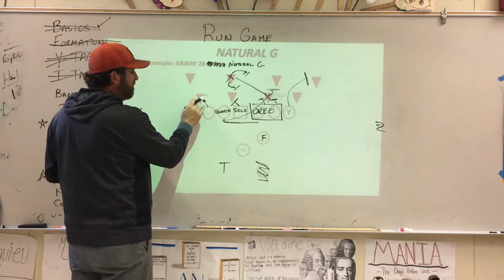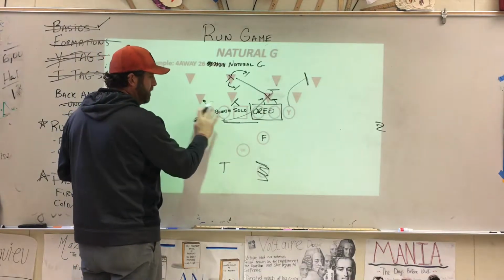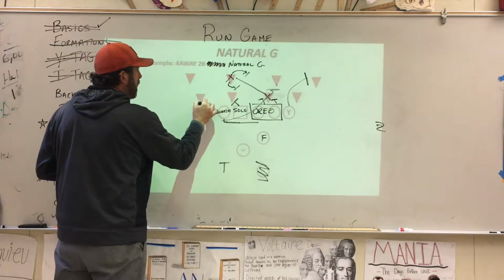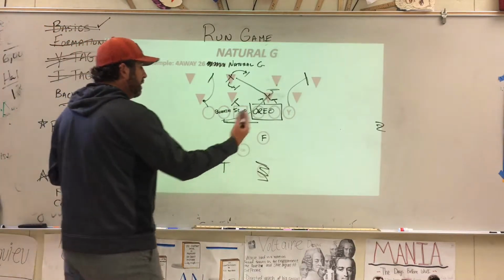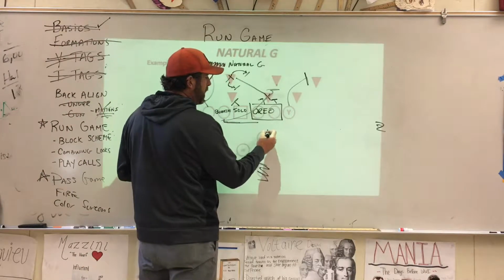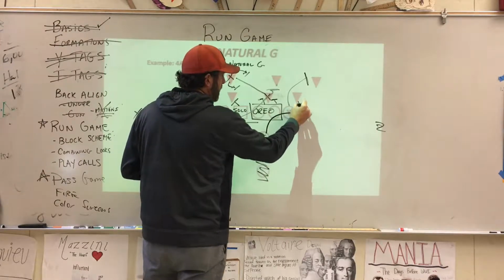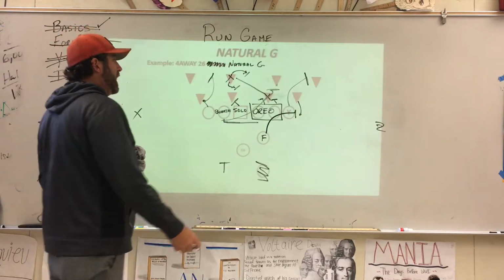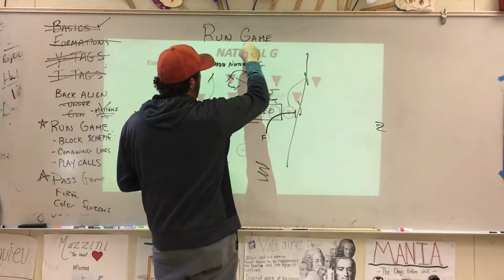We're pretty sure that this defensive end, if he gets punched, is not going to make it to the 6-hole on natural. If he does, we got problems. He's going to punch and climb. And then the F has a big job. He's going to do what we call a candy cane route. He's going to come up and out and kick this guy. So we have a nice wall here, and we have a nice wall here happening.